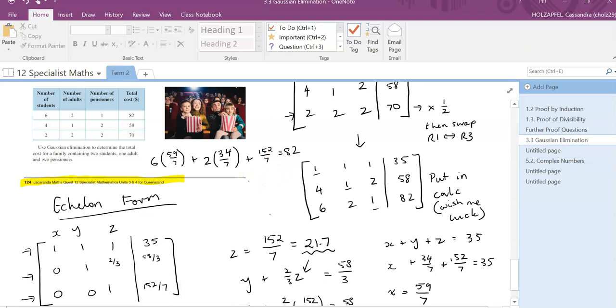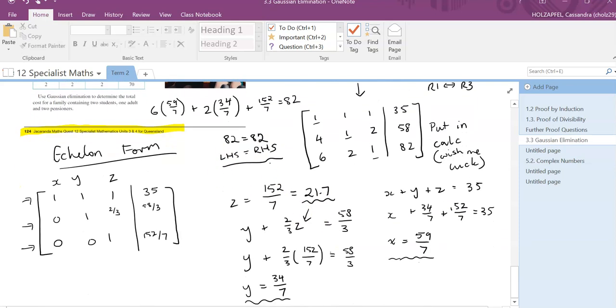So I'm just going to quickly chuck that in my calculator. So 6 lots of 59 over 7 plus 2 lots of 34 over 7 plus 1 lot of 152 over 7, and that is equal to 82. Fantastic. So 82 is equal to 82. Left-hand side is equal to the right-hand side. So our solution is therefore correct.